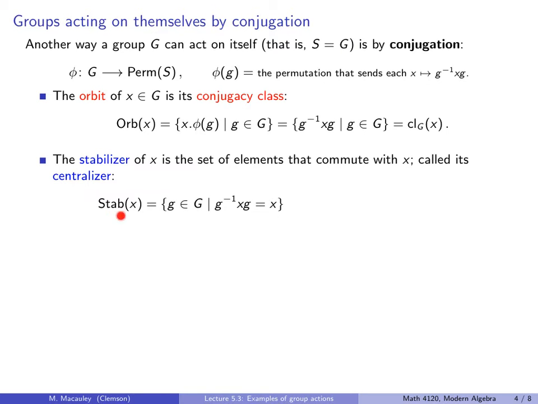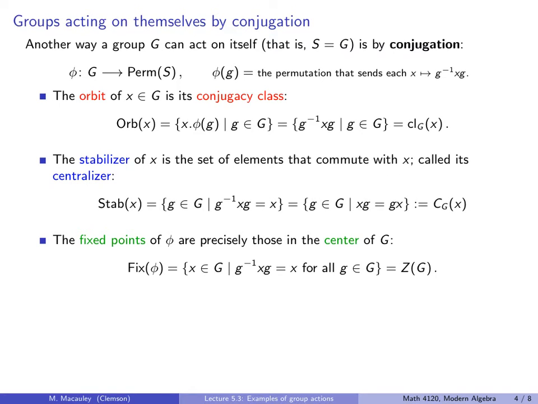So the stabilizer of x is by definition the set of elements in our group G such that g inverse xg equals x. Now let's multiply both sides of this equation by g, and we get that it's the set of elements such that xg equals gx. And that's the definition of the centralizer, and we denote it as capital C sub G of x.